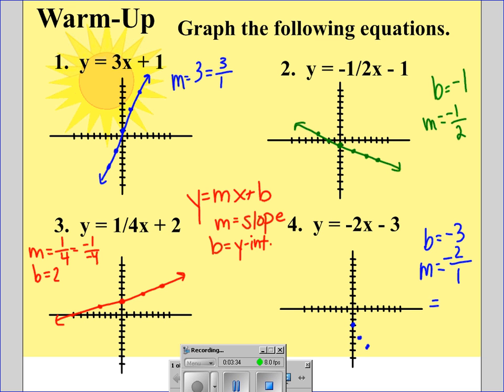Or, just like before, we can go up 2 to the left 1, because that would continue our line in the same direction, and a negative divided by a positive is a negative, and a positive divided by a negative is a negative. So either way, we're continuing with that pattern. And so this is the graph of the line y equals negative 2x minus 3.